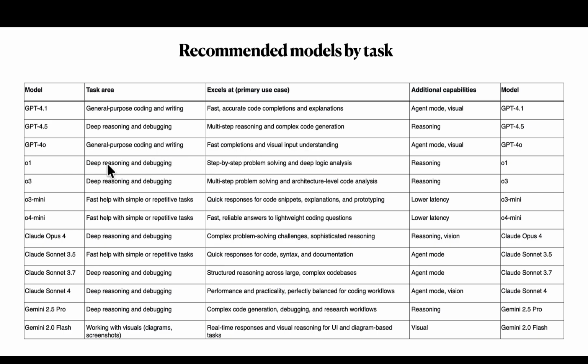Again, o1 and o3 are also for deep reasoning, and if you want to solve a problem step by step and do deep logic analysis, you go with o1. Then o3 mini and o4 mini give a very fast response for simple and repetitive tasks, quick responses for code snippets, explanations, prototypes.